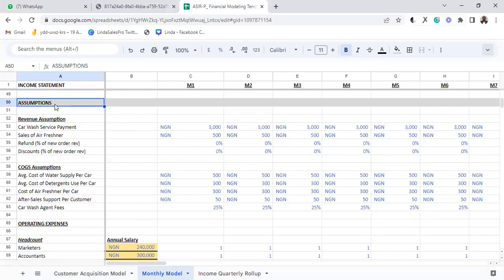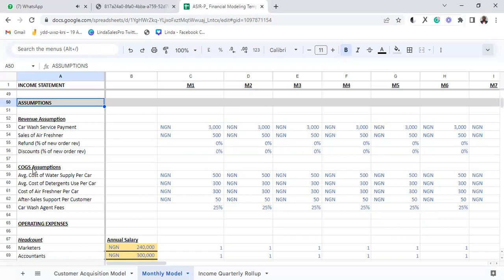We have different sections under the assumptions. We have the revenue assumption. We have the COGS. COGS means cost of goods sold. This means what does it cost you to produce one of that product, or to deliver one service?